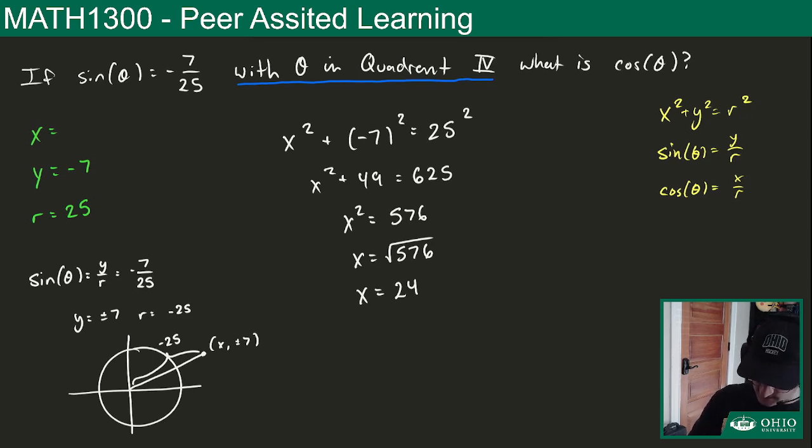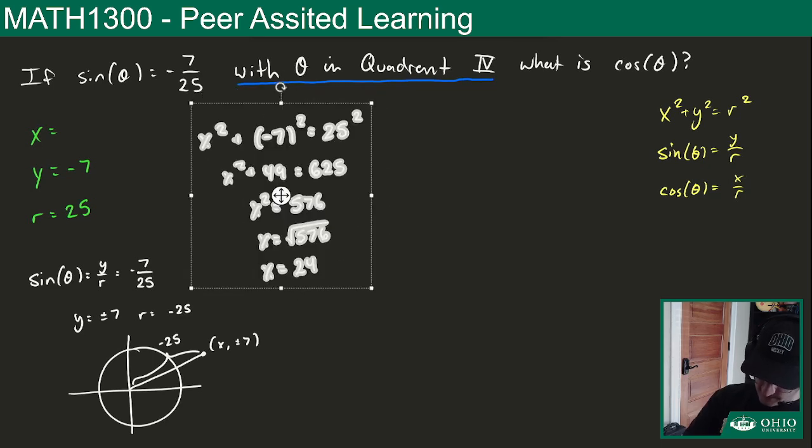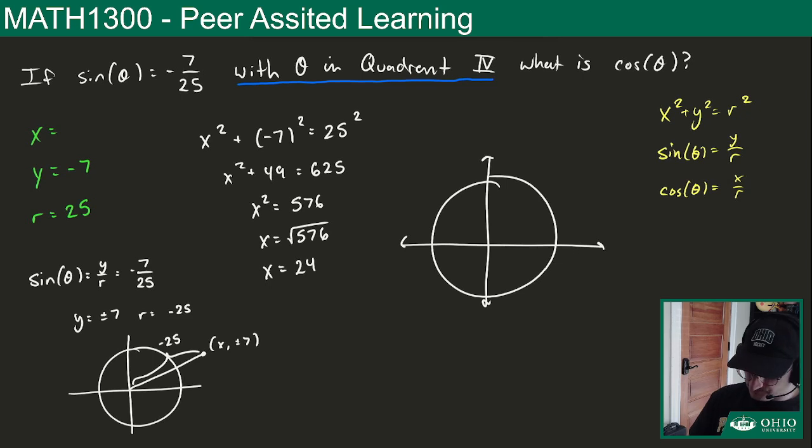And so think about it like this. Let me make a little bit of room here, let's move these calculations over. If I've got a unit circle, right here, I am told that theta is in quadrant 4. I know that quadrant 4 is this quadrant right here, and so I want to think, well, I'm looking for the value of cosine, which is an x value.